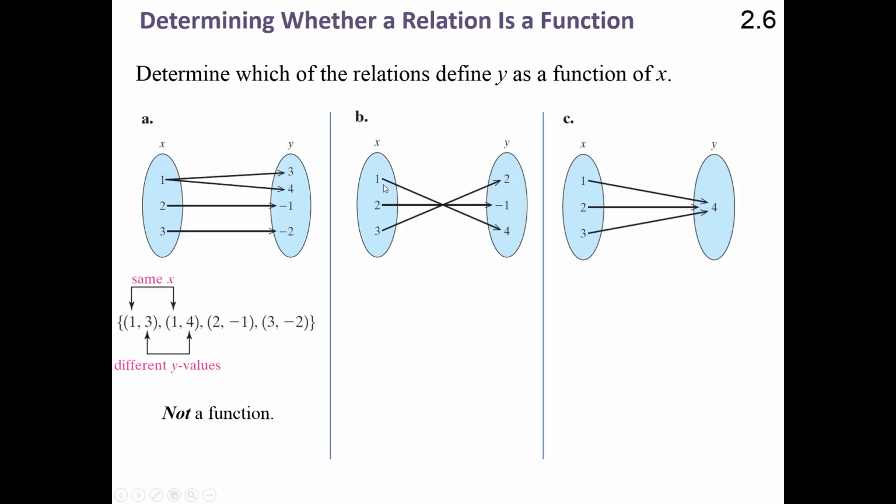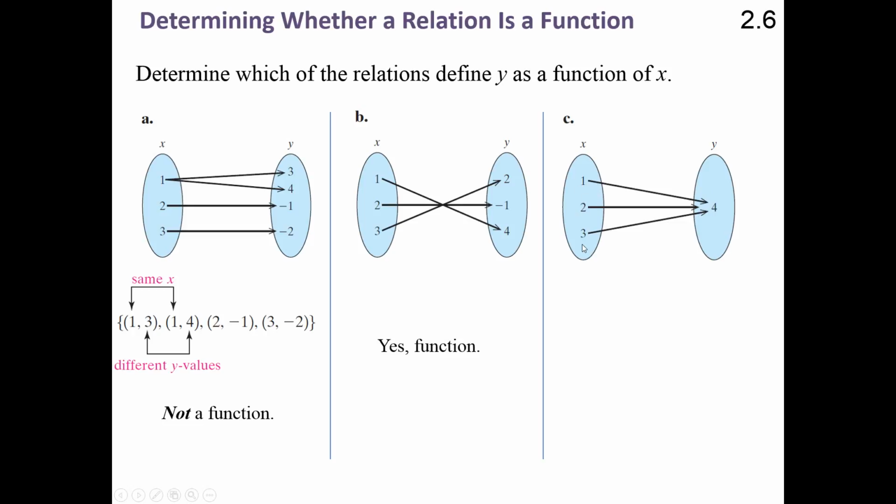Okay, now in this case, if we look at B, 1 is mapped to 4, 2 is mapped to -1, 3 is mapped somewhere. Each of the x values is only mapped to one y value. So this does represent a function. And if we look at this last example, 1 is mapped to 4, 2 is mapped to 4, 3 is mapped to 4.